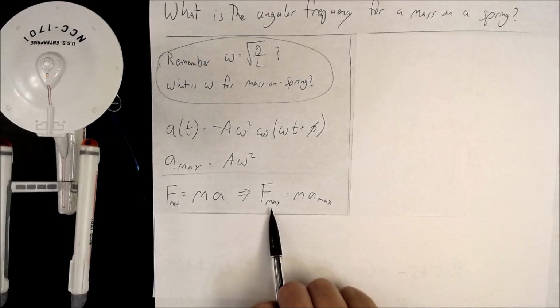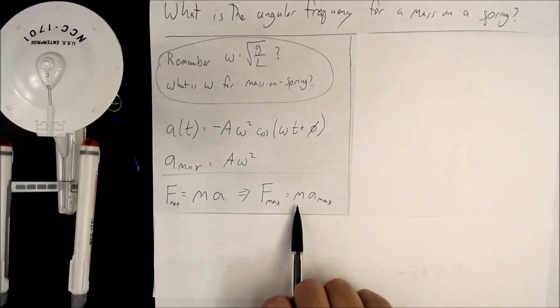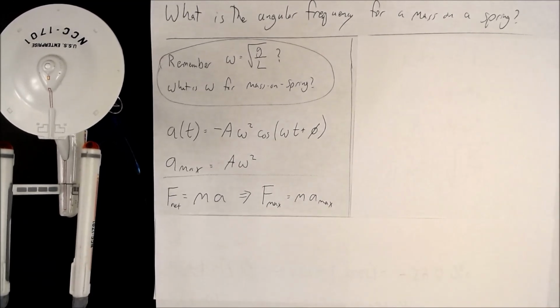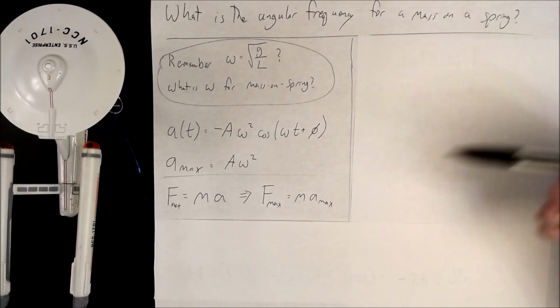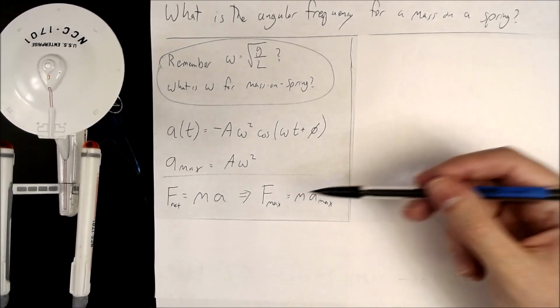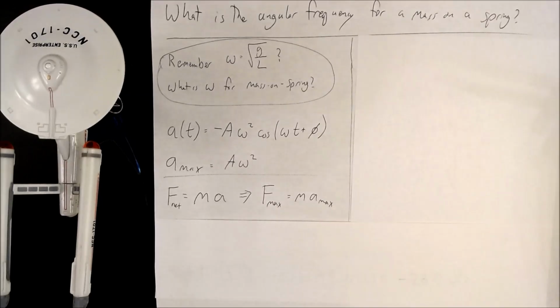The maximum net force is equal to the mass of the object times the maximum acceleration of the object. In this case, the object is going to be the mass on the spring. Well, what are the forces going into this maximum net force for the mass on the spring? Do you know?